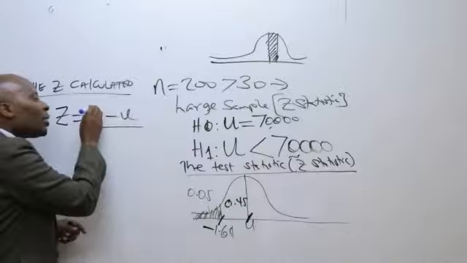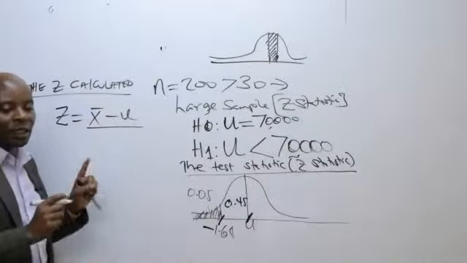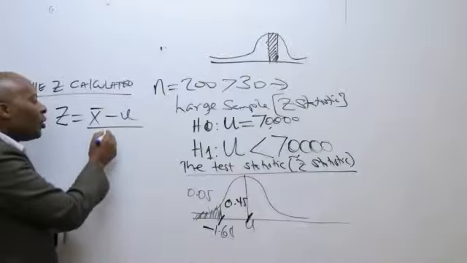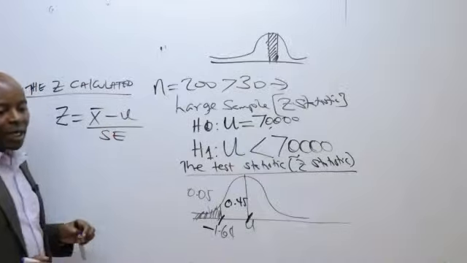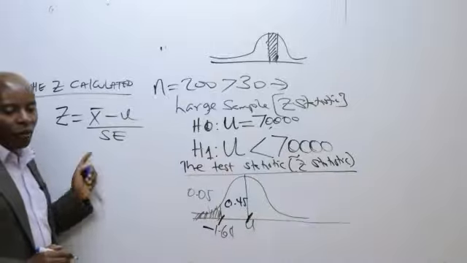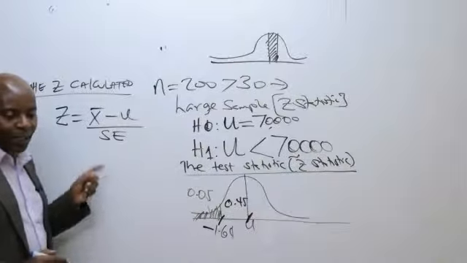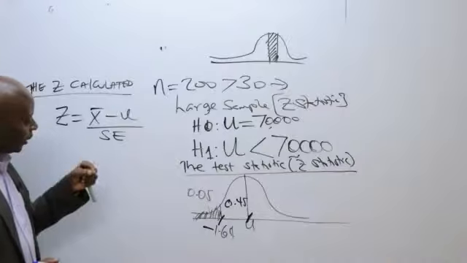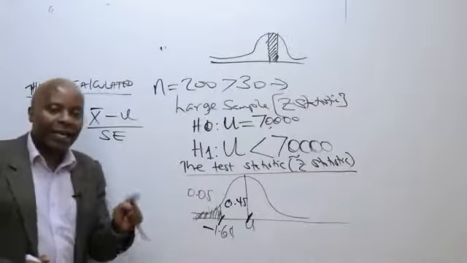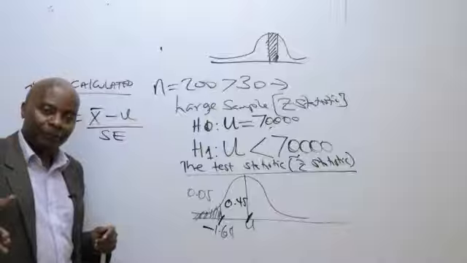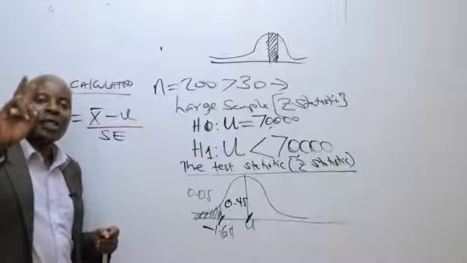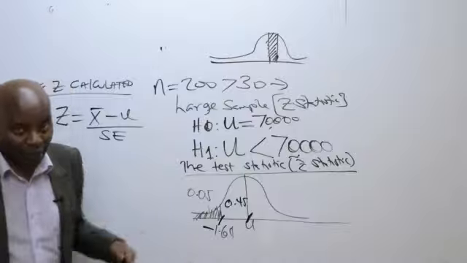But the moment you say X bar, where you are subtracting the 2 means, then down here, you must use what we call the standard error. Now, this great lady has gone ahead and did some sampling. She sampled out 200 accounts, quite a big sample.